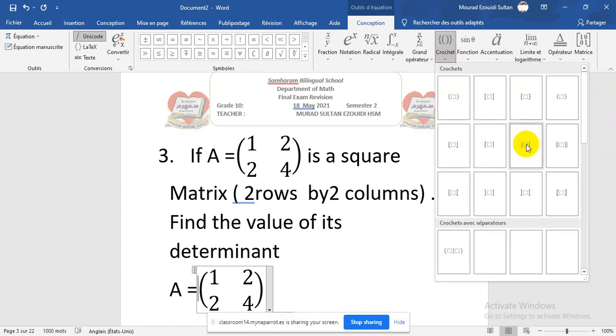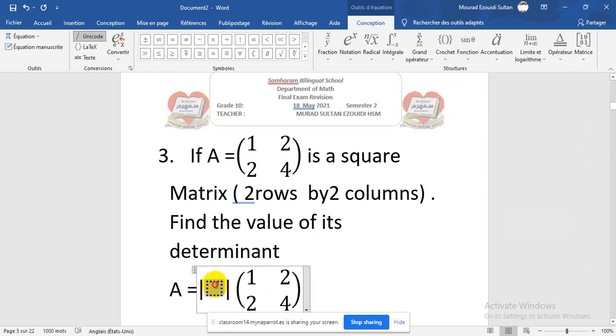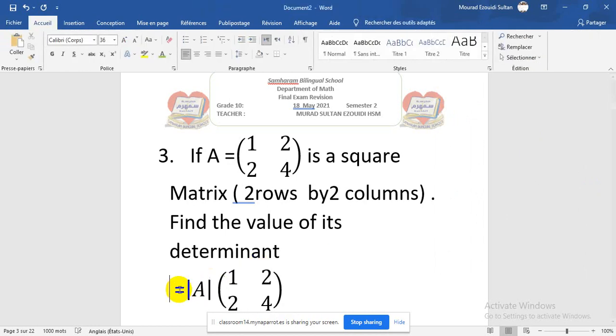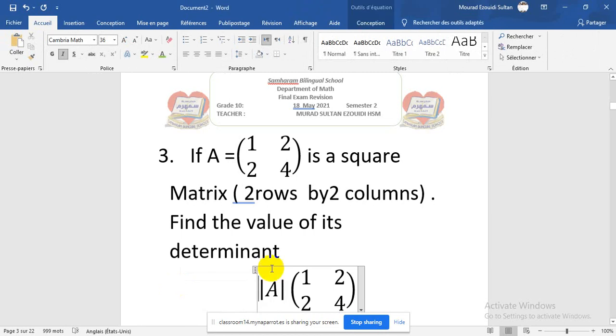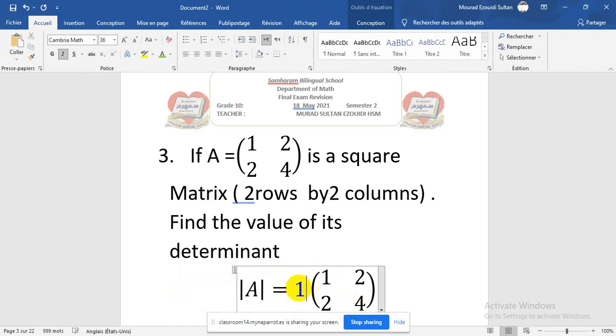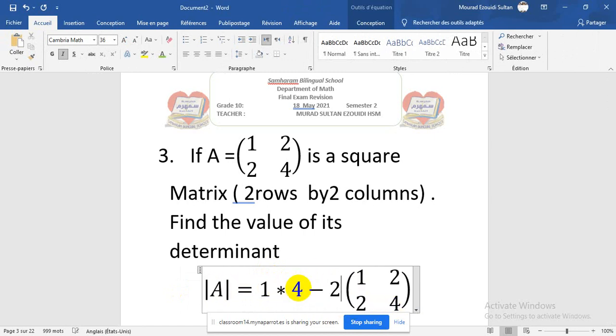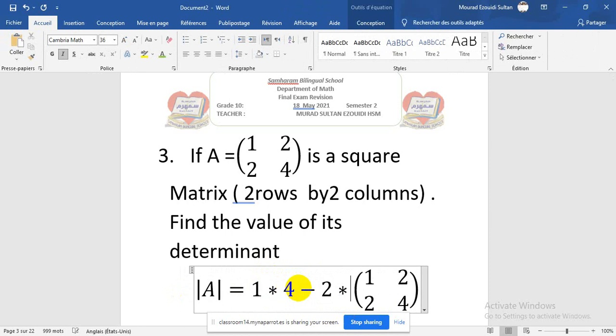This one is okay. This one, my learners, is the determinant of my matrix. So this one should be equal to, I will make 1 multiplied by 4, minus 2 multiplied by 2.